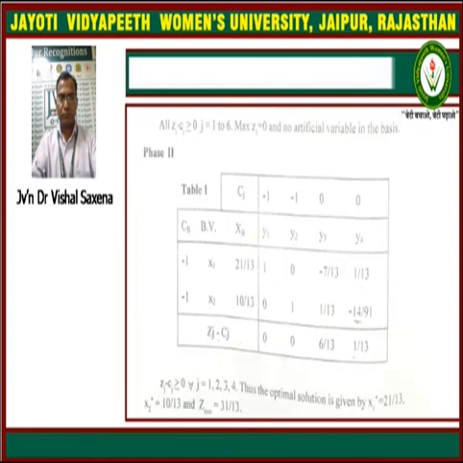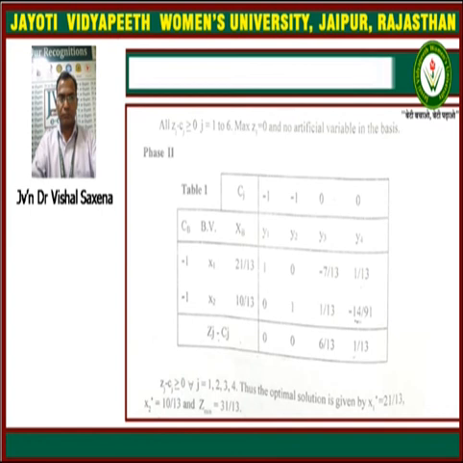In the second phase, the original cost will be taken in the objective function, and that's why Cj will be -1, -1, 0, 0, and the same table will be taken from the last table 3 of phase 1.